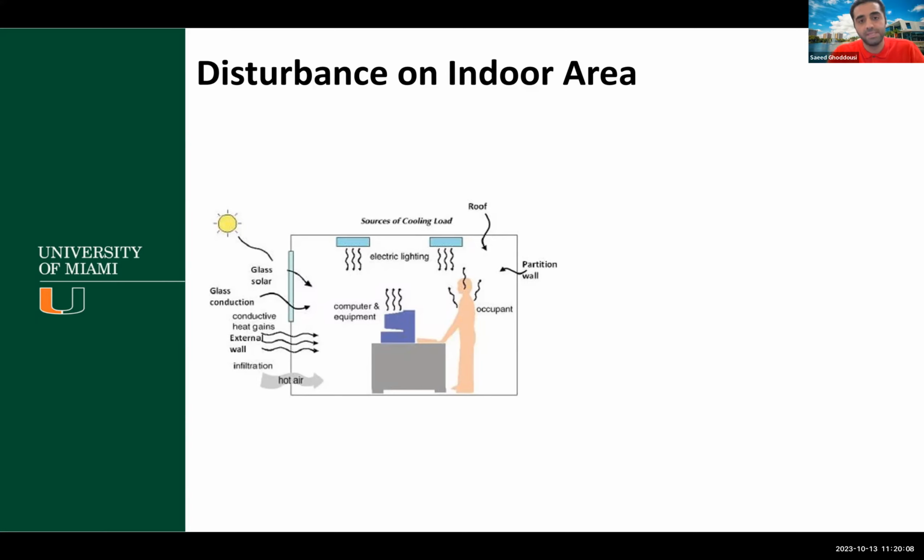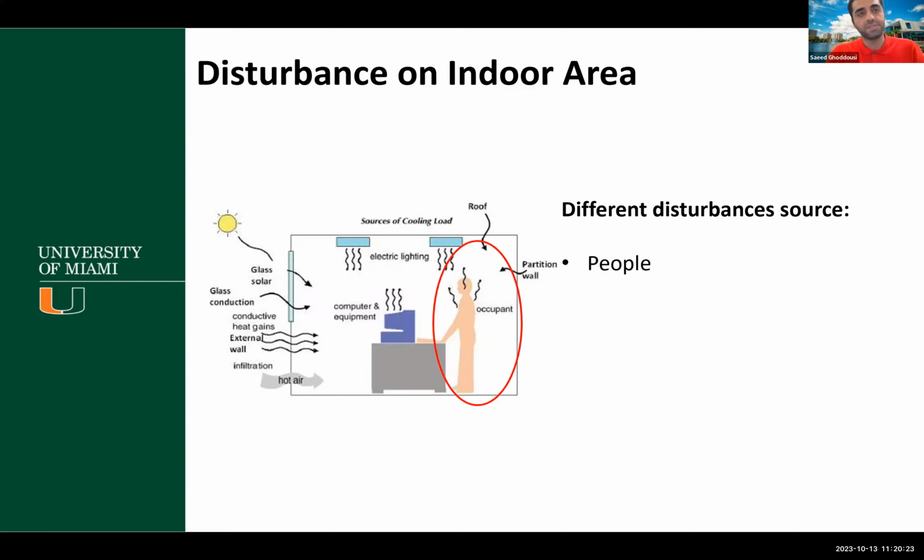But in every area where we want to control something, we have some disturbance in the system. In an HVAC system, in an indoor area, we have disturbances, and we need to control them. What are the sources of disturbance in, for instance, a room? People are one, because people generate heat. When we have more people in a room, we feel higher temperature and it's too hot.